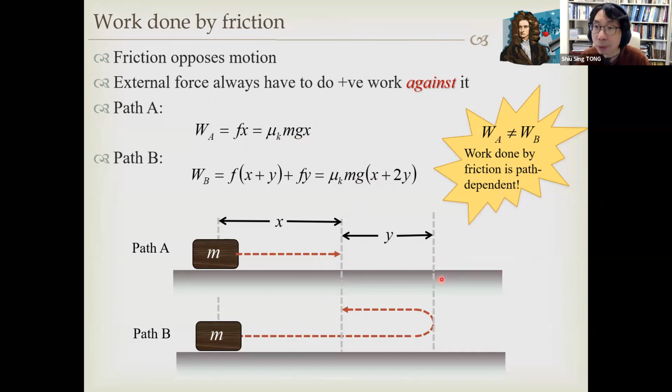It depends on how you move it. When you move it around a lot, you dissipate a lot of energy, right? So your external force has to input a lot of work, and so the work done will be much larger. So that depends on how you move it in the intermediate step. It does not only depend on the initial and final position, but also on how you move it in the intermediate step. Okay.